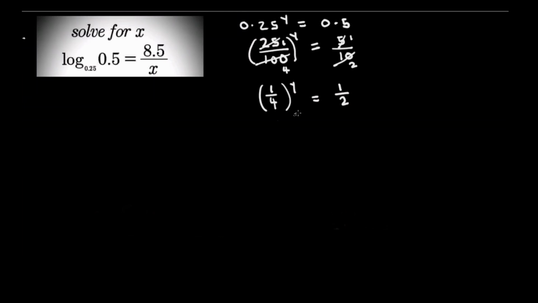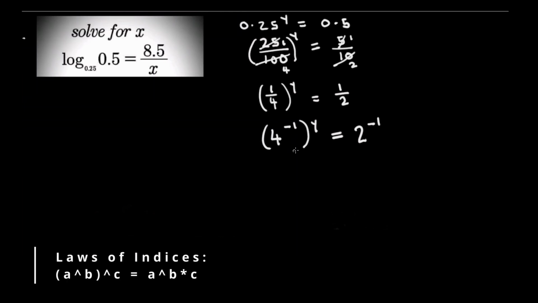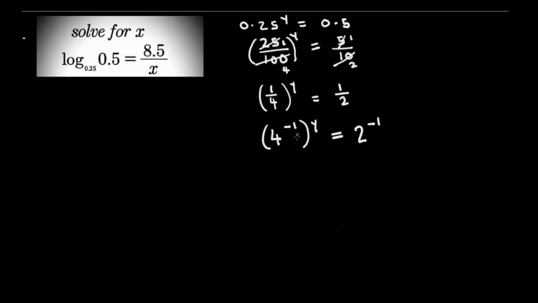Now we can express this as an index. It will be 4 to the power minus 1, all raised to the power y, equal to 2 to the power minus 1. And we know that when we have this relationship, the powers are going to multiply.